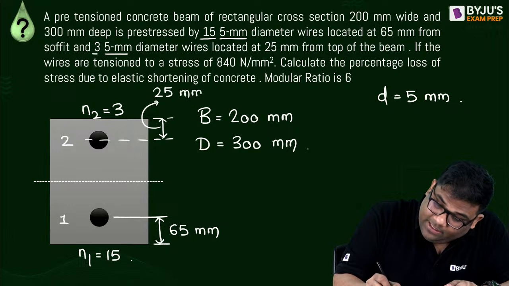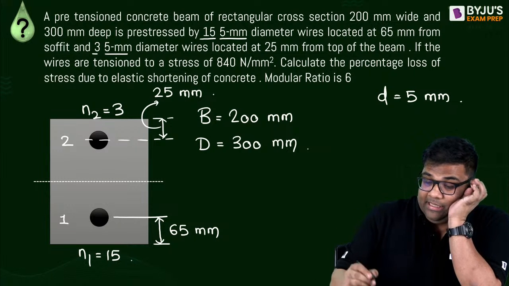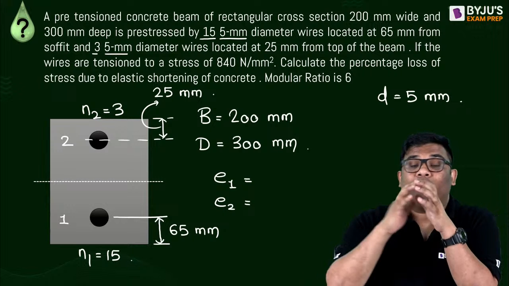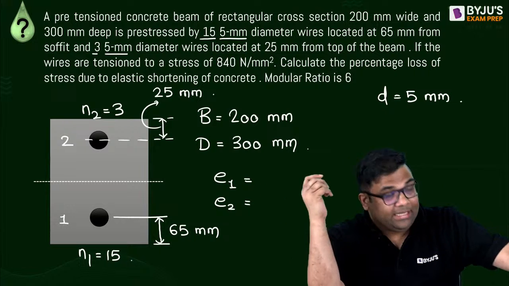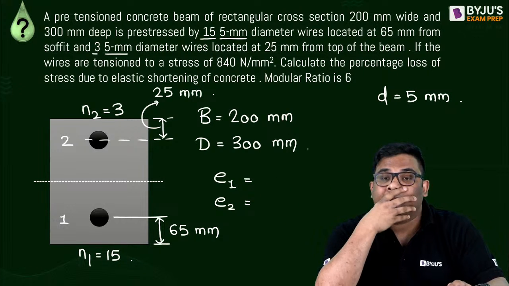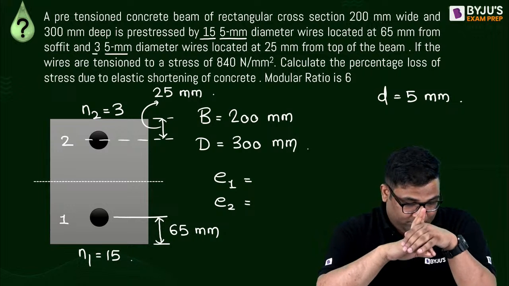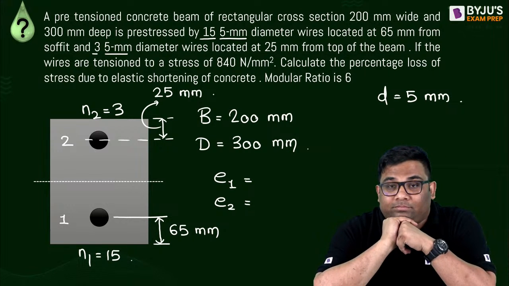Can you tell me, from the diagram, what will be the value of E1 and E2? What will be the value of E1 and E2 from the diagram given?